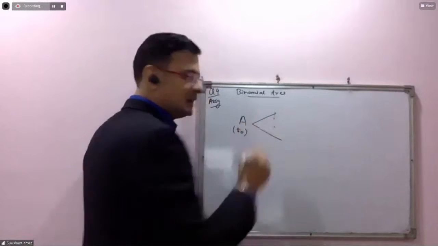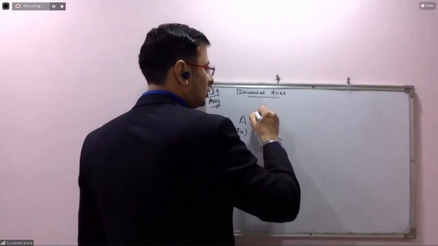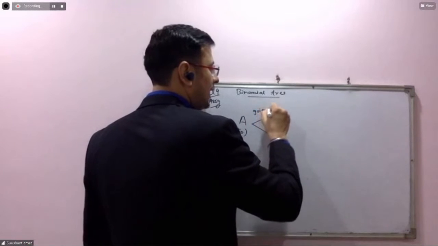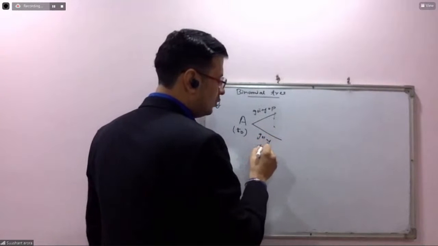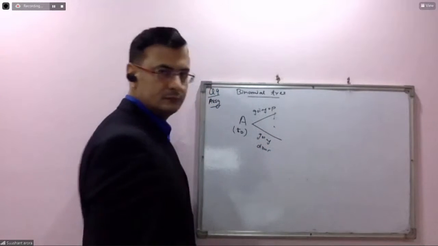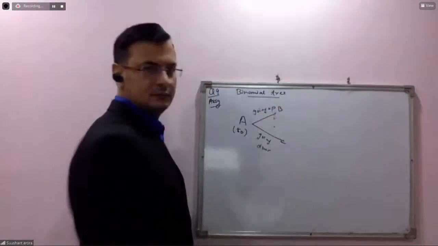Now there will be 2 possibilities of price, going up and price going down. Let's name them B and C.